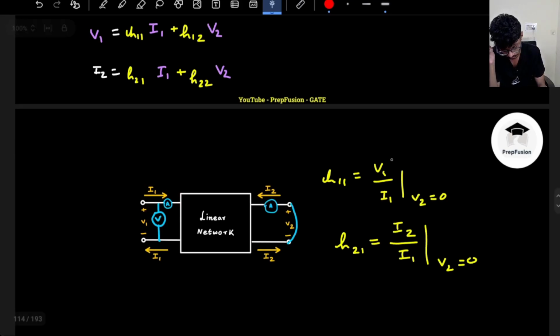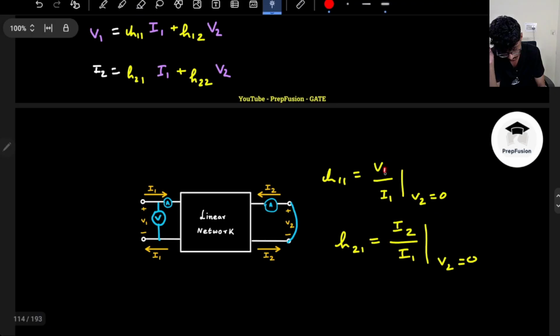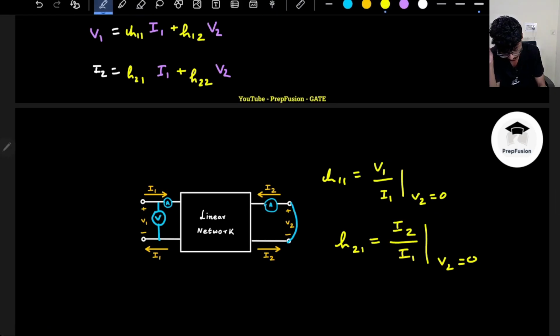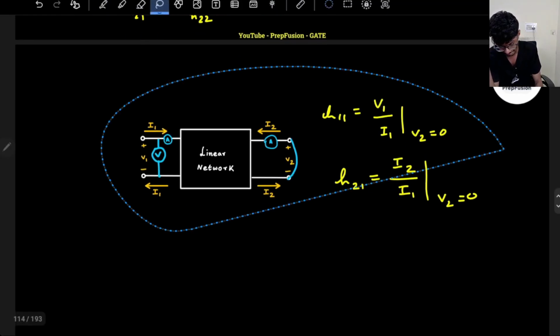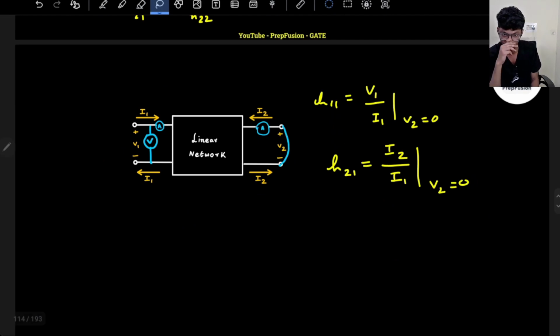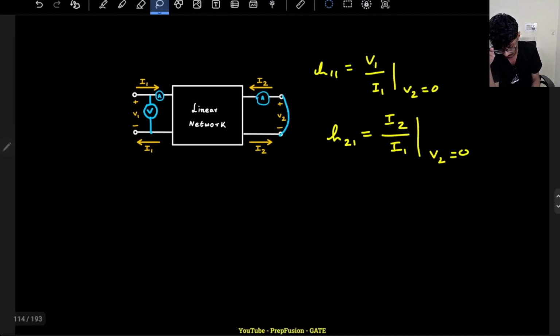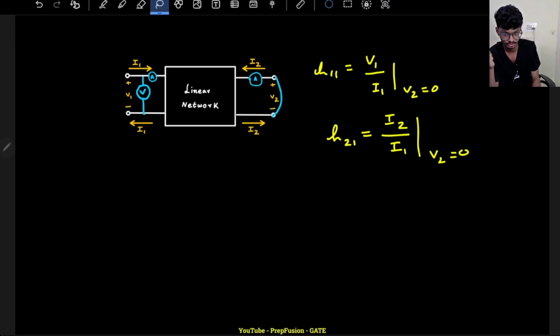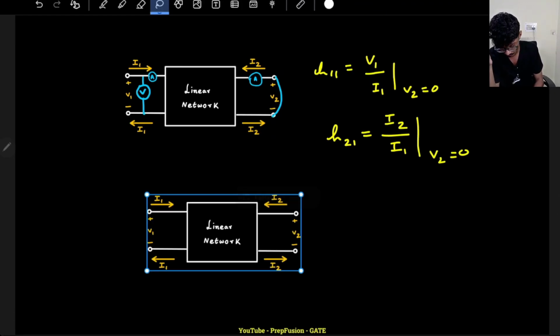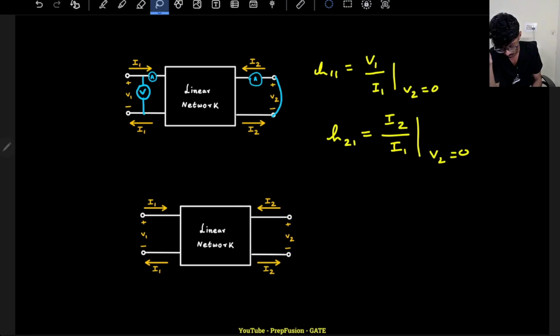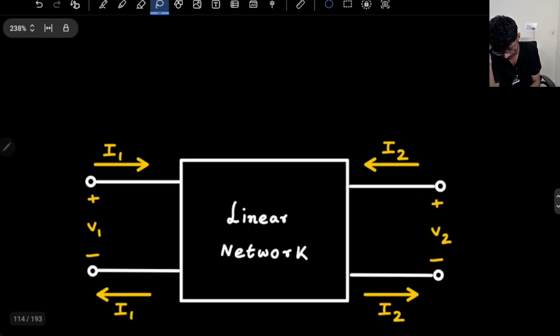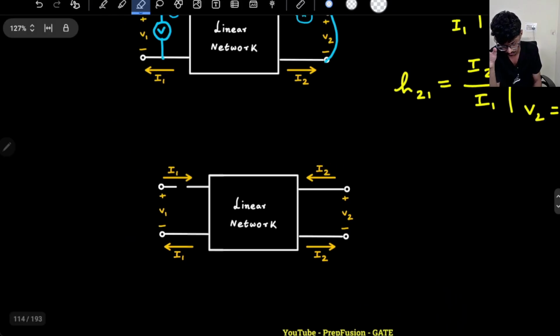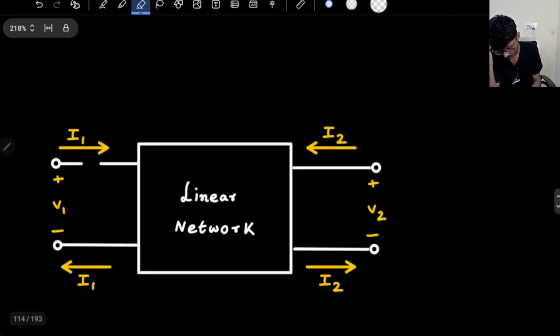Now what about the other portion, H12 and H22? For these we have to open circuit the input current, so we make I1 0.